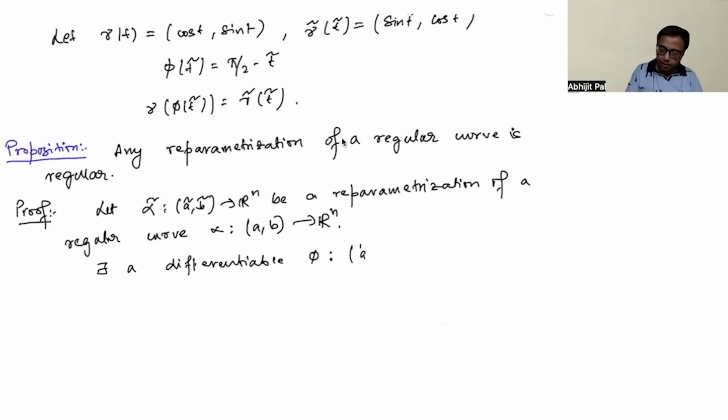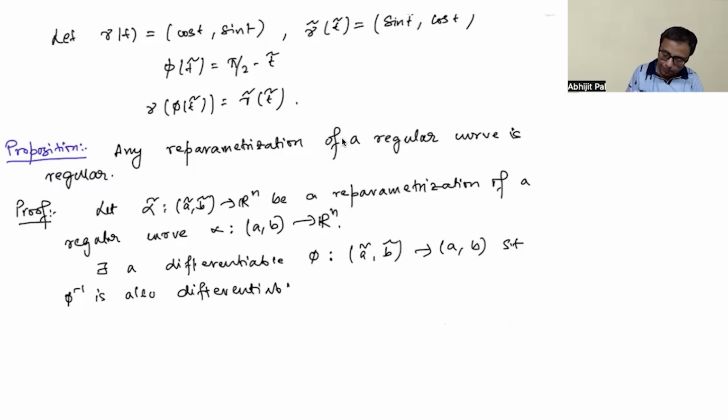So what you have is alpha of phi of t tilde equal to alpha tilde of t tilde.